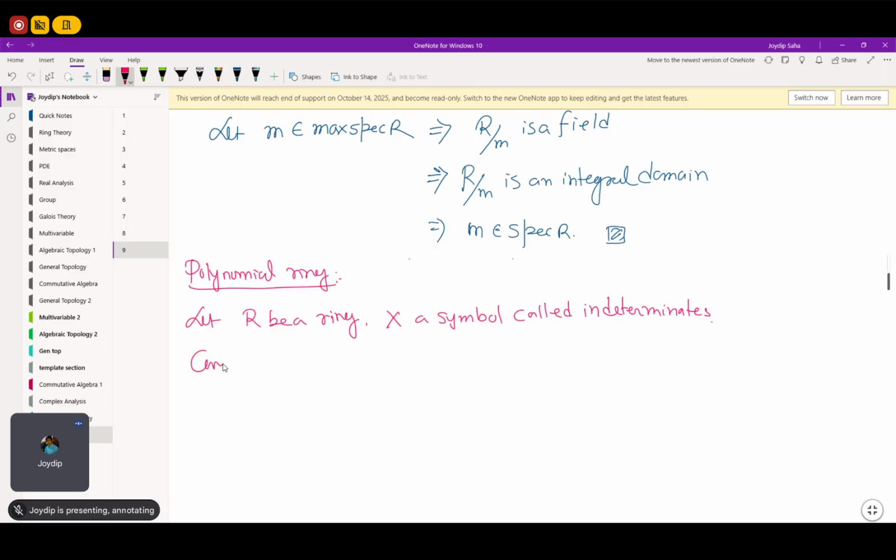Consider the set of x to the power i, where i belongs to the natural numbers union 0, where x to the power 0 is 1 of R.